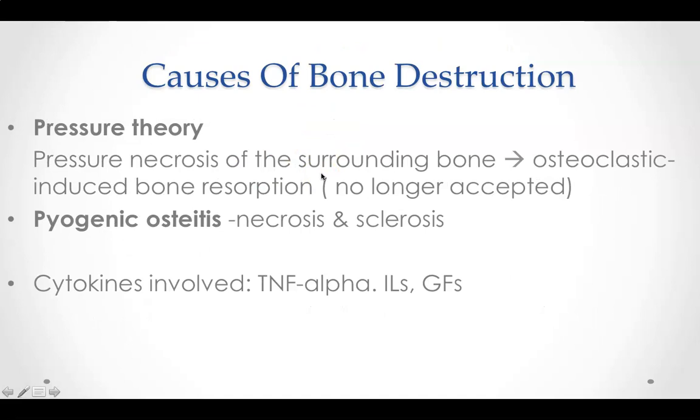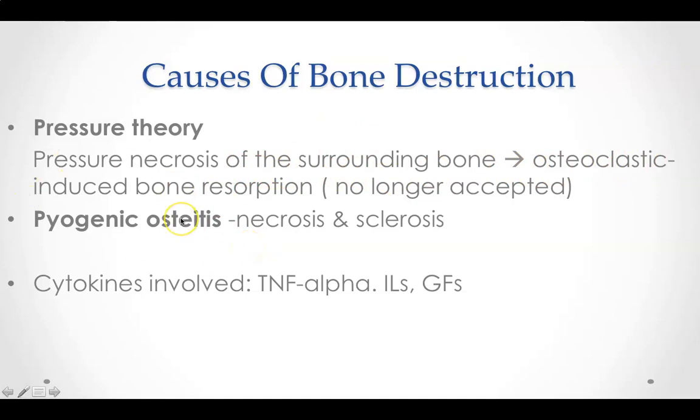Okay. Now, causes of bone destruction in cholesteatoma. Cholesteatoma causes bone and ossicle destruction. Now, what can be the causes of that? That could be due to the pressure theory or pyogenic osteitis. Now, the pressure theory is no longer accepted. That says that the pressure necrosis of surrounding bone will cause osteoclast-induced bone resorption.